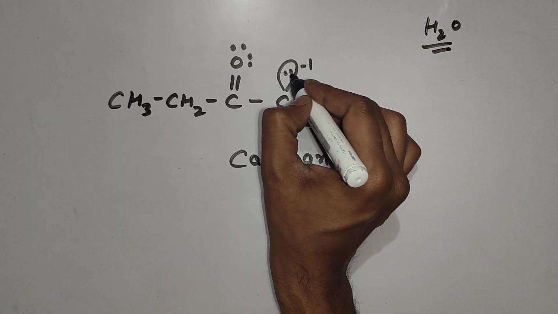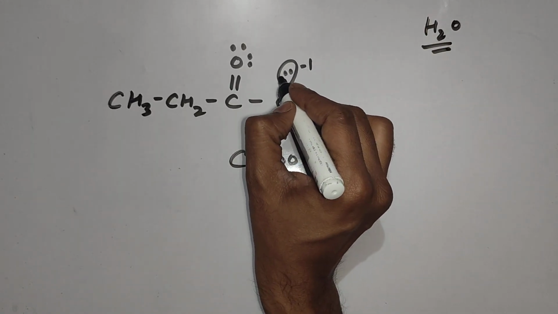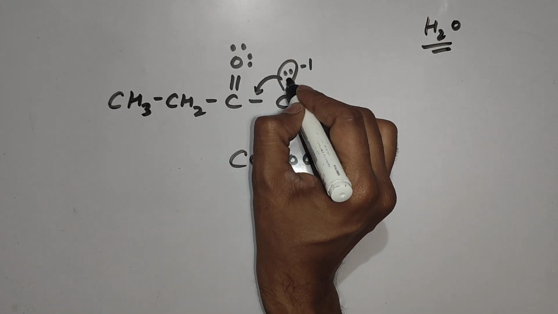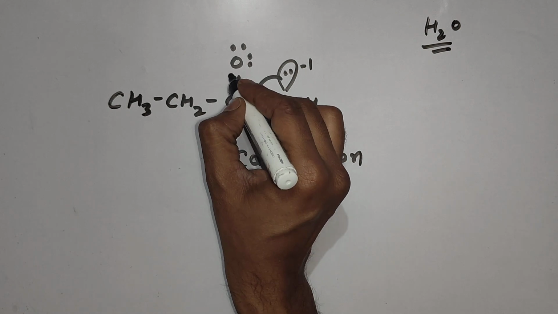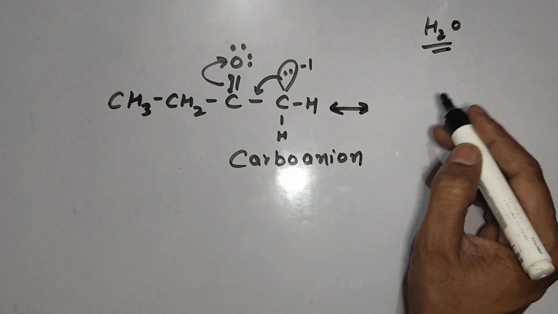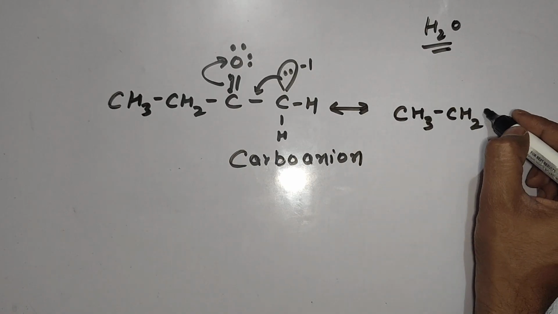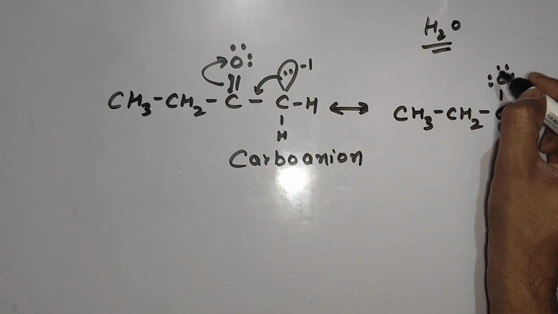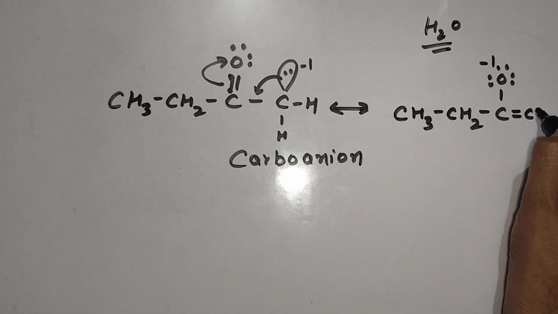How? This negative charge is creating instability there. This negative charge we can release or decrease with the help of resonance, movement of electrons. If we shift this lone pair toward this carbon, a bond will generate here and pi electrons will get shifted toward oxygen. So the next resonating structure will be this. Those students who have knowledge of resonance can understand it very easily.